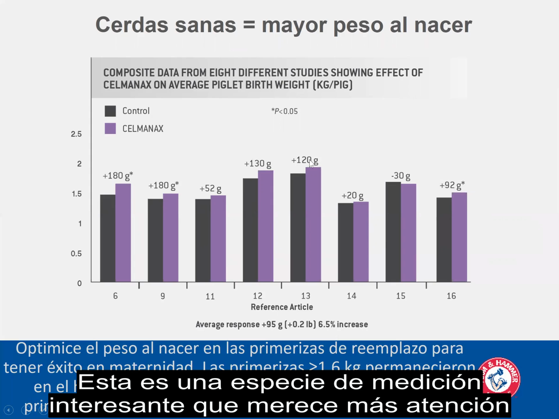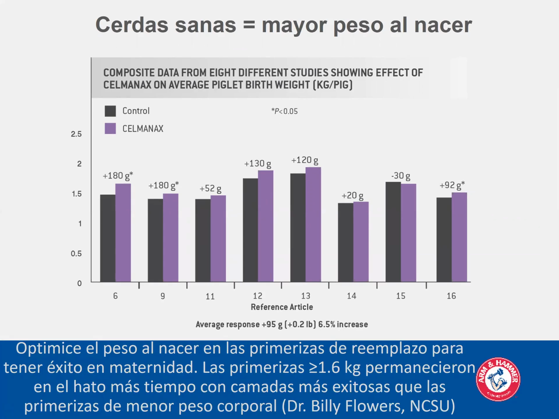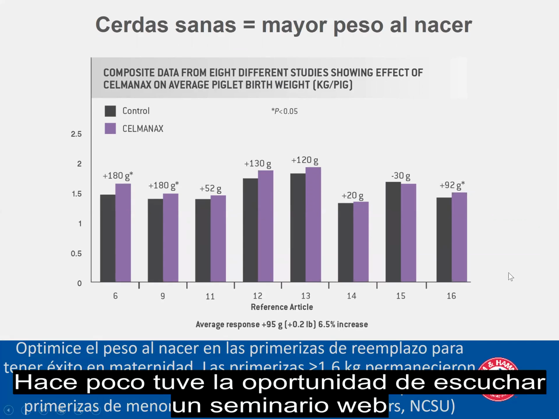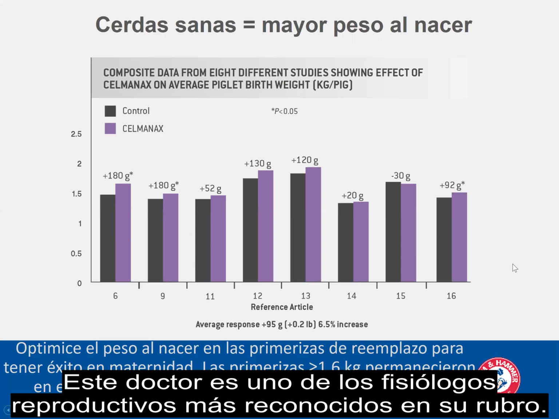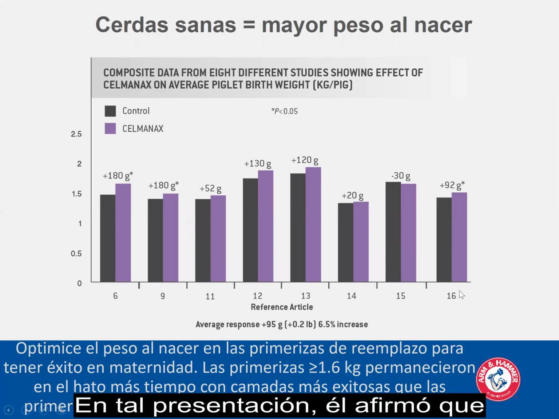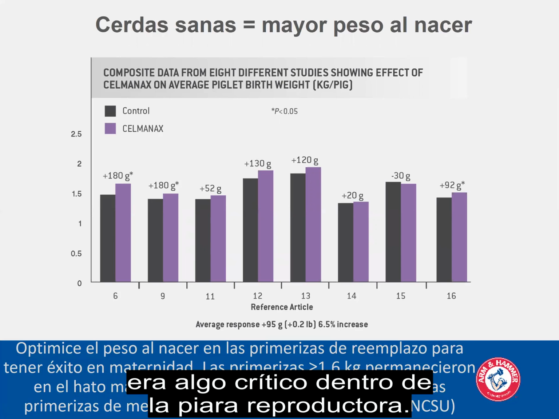And this is an interesting kind of measurement here that I think probably deserves more attention for some of our sow longevity aspects than we think about. I just had the opportunity to hear a webinar put on by Dr. Billy Flowers at North Carolina State University. And he's really one of the most well-renowned reproductive physiologists for swine out there. And he gave this presentation where he made the point that optimizing birth weight in replacement gilts is critical for success in the breeding herd.